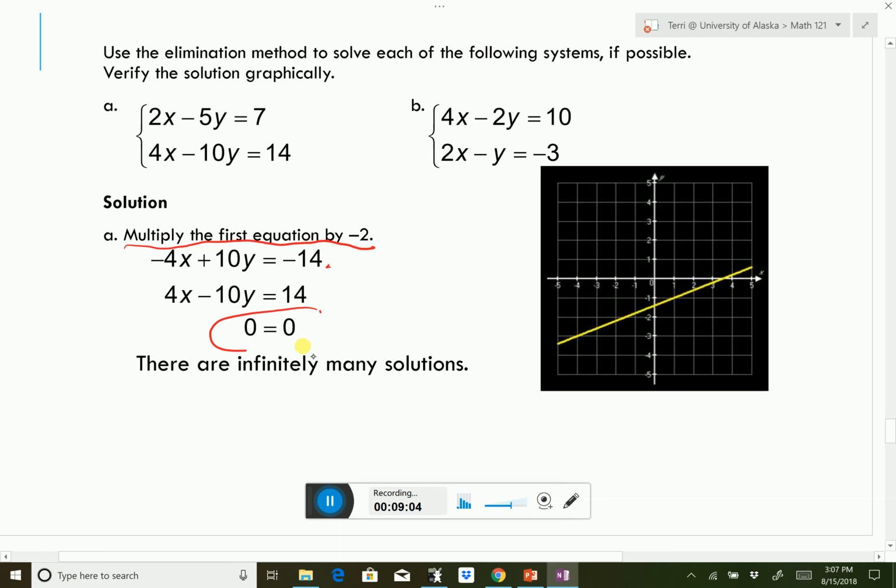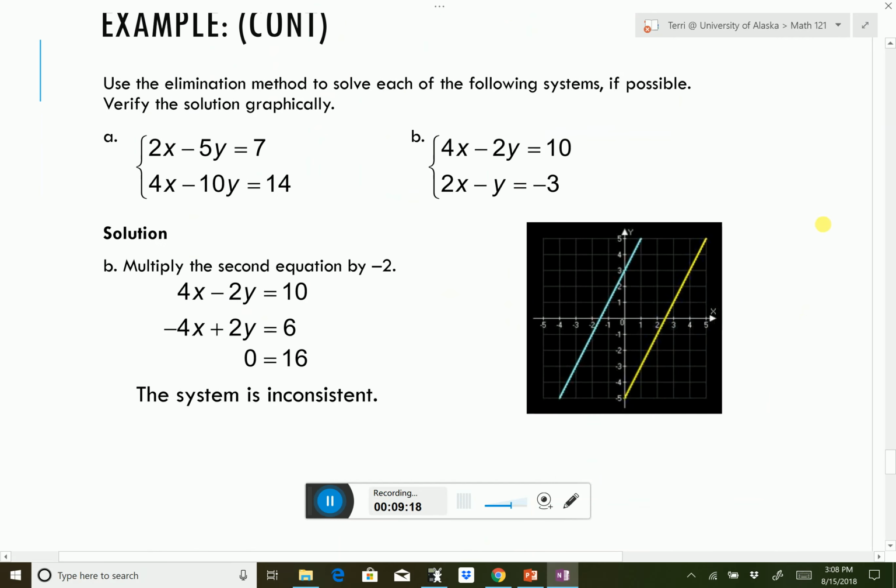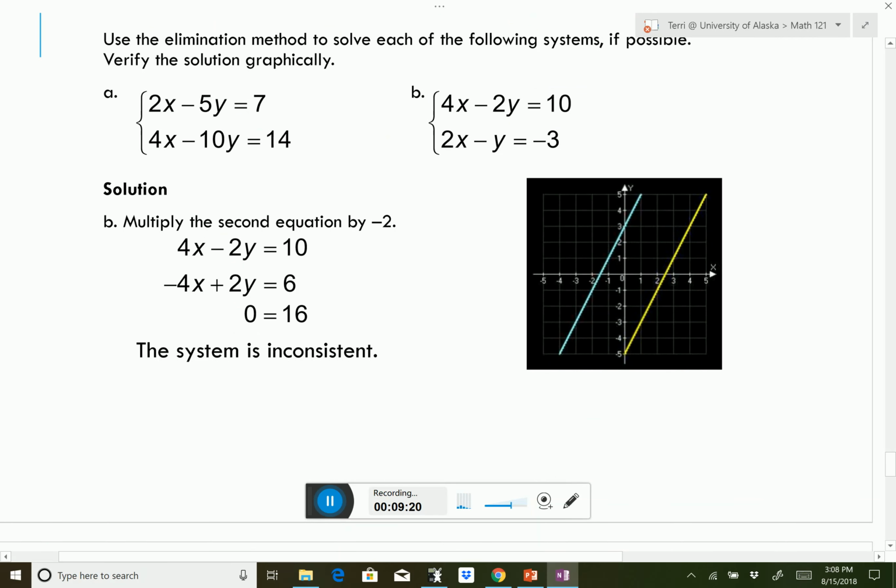Adding it to the second equation makes it 0, which means these two equations are the same equation. They're the same line. They're this line right here. So B was 4x minus 2y equals 10. So let's put -2 on this one. This is going to give me -4x plus 2y equals 6. Well, 0 equals 16. Those are parallel lines.